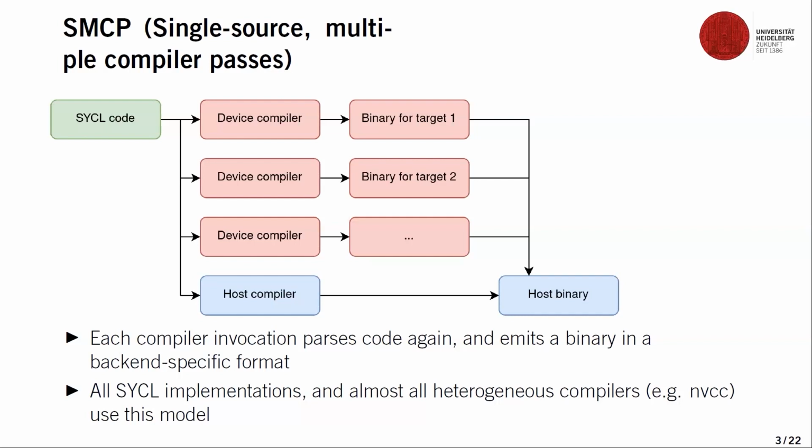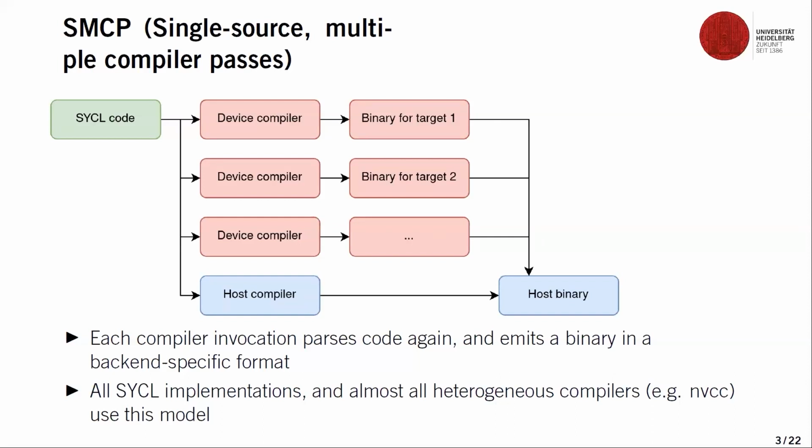The idea is that we have our SYCL code, and in order to create a device binary containing the device code, a special device compiler is invoked. That device compiler looks for kernels inside your source code, generates the device code for those kernels and emits some device binary.